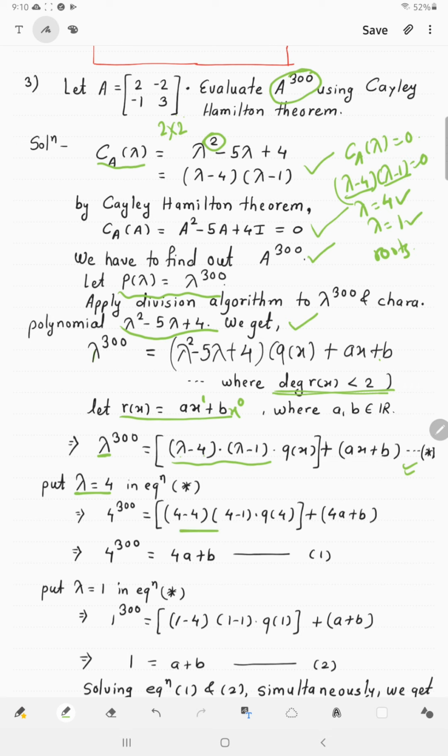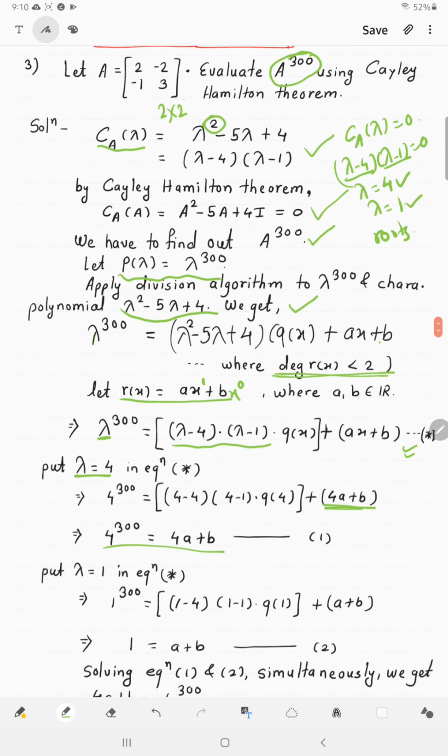Now this term becomes 0, so the whole term becomes 0. So 4 raised to 300 is nothing but 4a plus b. Only the remainder remains. So I get my first equation.